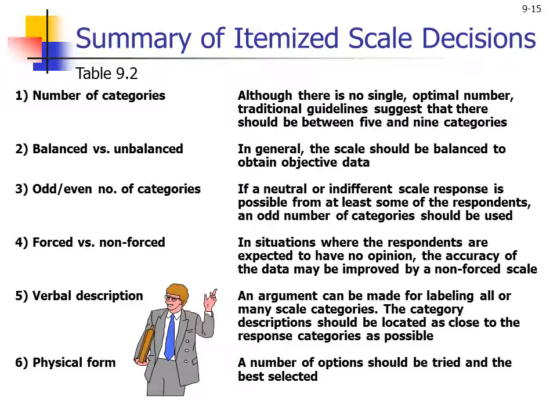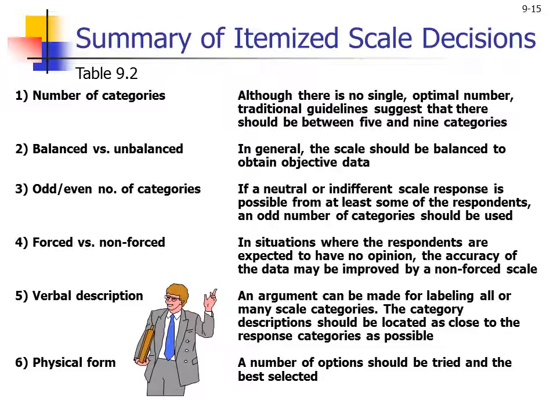And this table shows the summary of itemized scale decisions, like the number of categories, balanced versus unbalanced, odd or even number of categories, forced versus non-forced, and some verbal descriptions and the physical form.